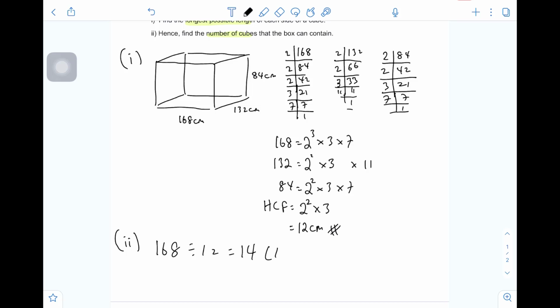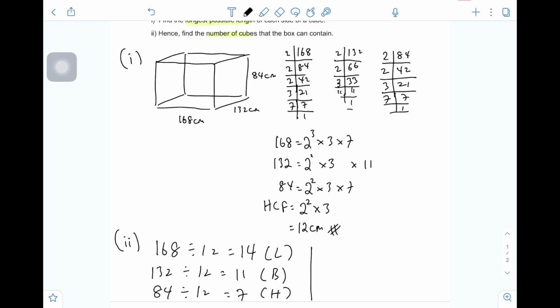Across the breadth, how many cubes can you fit in? 132 divided by 12 as well, 11 across the breadth. And across the height, 84 divided by 12 as well. You get 7 across the height.